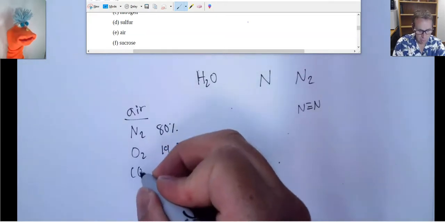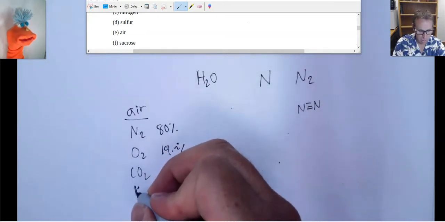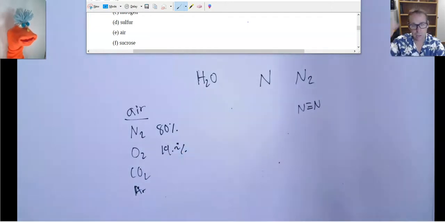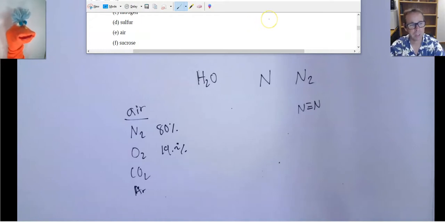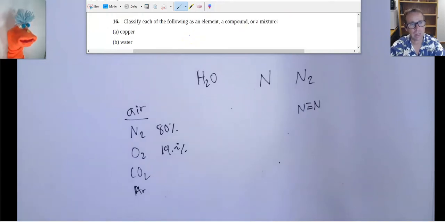And then you have your carbon dioxide, argon, and other trace amounts of other gases. Okay? So air is a compound, a mixture, or an element? It's a mixture. That's right, it's a mixture. All right, very good.